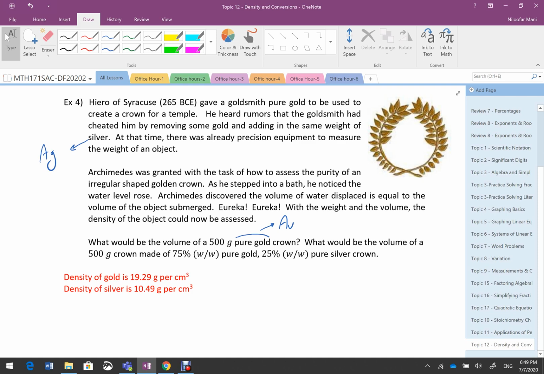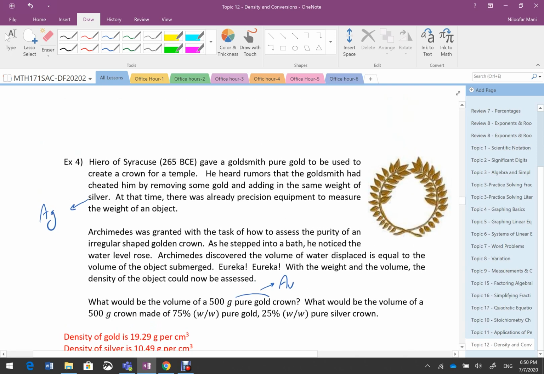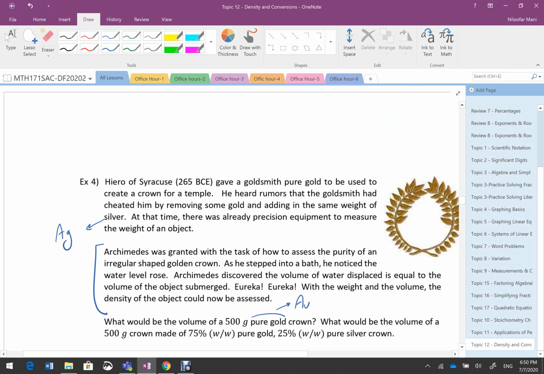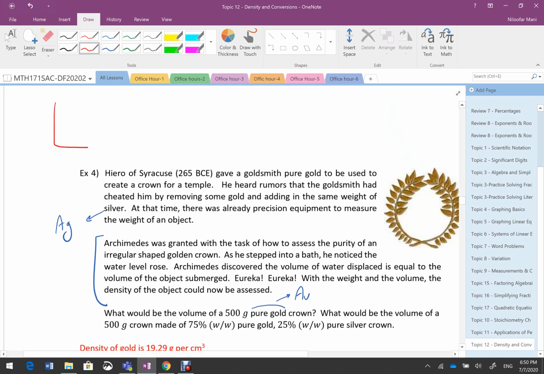So they really wanted to discover what they have to do in order to find out if the goldsmith did this or not. Somebody said, as explained here, if we have water here and we put the crown inside, I didn't draw it very well.